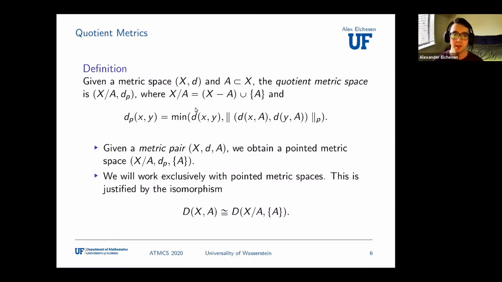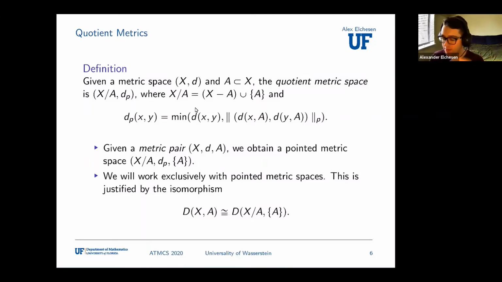So given a metric space x and a subset a, the p quotient metric for p in 1 through infinity is the following metric space. So x mod a we get just by collapsing a to a point. As a set, it's just the complement of a union a single point, which we also denote by a.